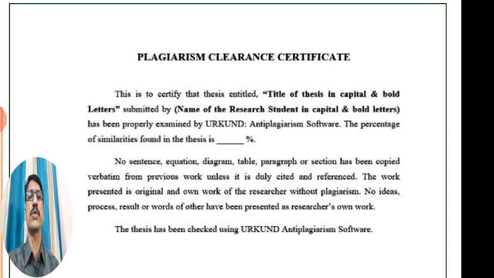No ideas, processes, results or words of others have been presented as the researcher's own work. It is a very serious offense if you have taken equations, diagrams, tables, paragraphs, or anything from an author's research work, as it comes under plagiarism.